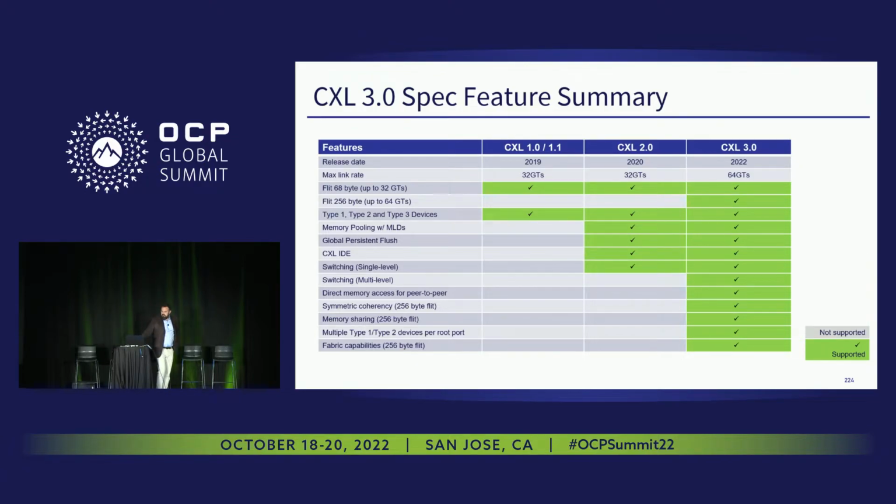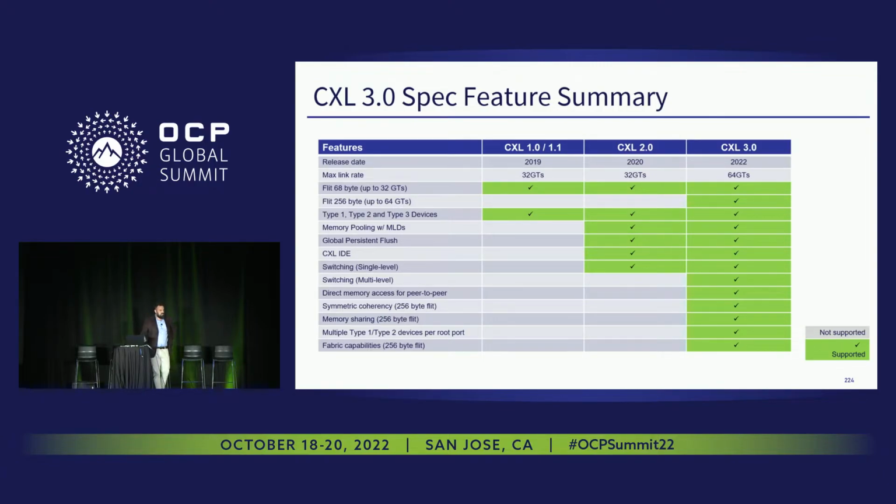So here we have a bit of a chronological layout of the CXL specifications. 1.1 really brought disaggregated memory to the marketplace in 2019. With 2.0 we stacked on things like MLDs and memory pooling.